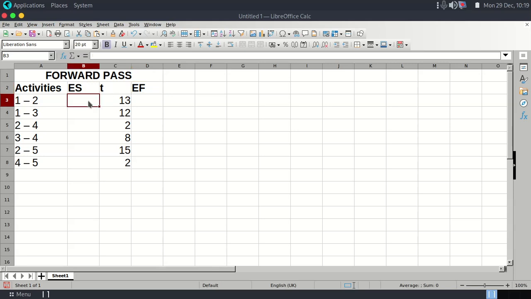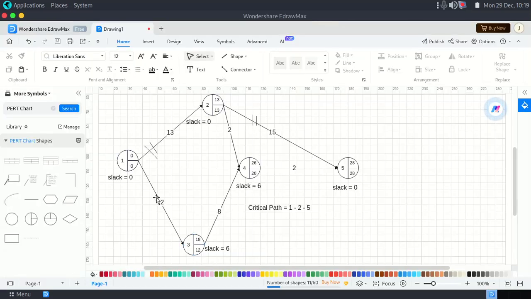Now let's go back to our hydromax. We understand these things. So from 1 to 2, the earliest start time will be getting the values at the bottom, because when adding, we are using these values on the bottom. For example, 0 plus 12, we have 12 there.